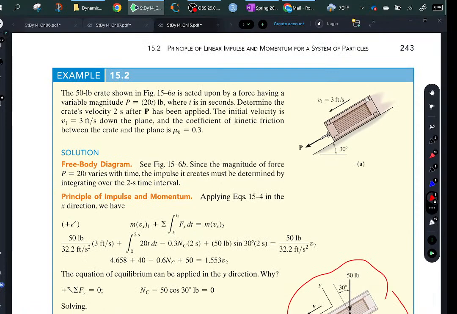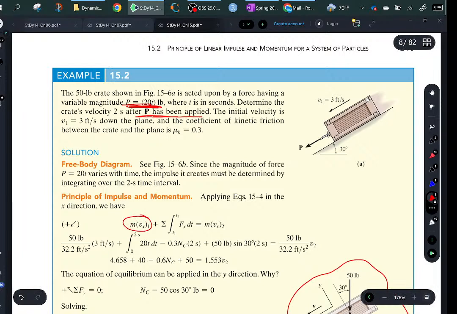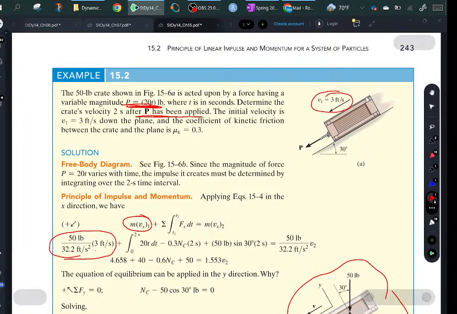Now you apply it, but this time it's a function of time. So what you see is this thing taking off, going 3 feet per second down the incline. 50 pounds divided by 32 gives you the mass. Moving at 3, and we're applying this force for 2 seconds.